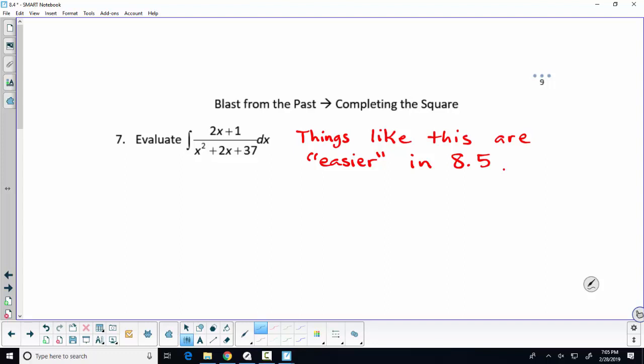It's probably just not a technique that you spend any time doing in algebra class, unfortunately. The textbook does mention the process, and we'll look at it, but any algebra textbook you open will have that process. For now, we've got to complete the square on x squared plus 2x plus 37.